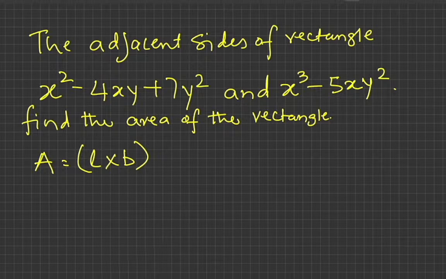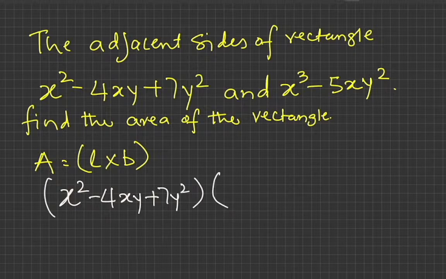So this is basically the length, x squared minus 4xy plus 7y squared, times x cubed minus 5xy squared, right?